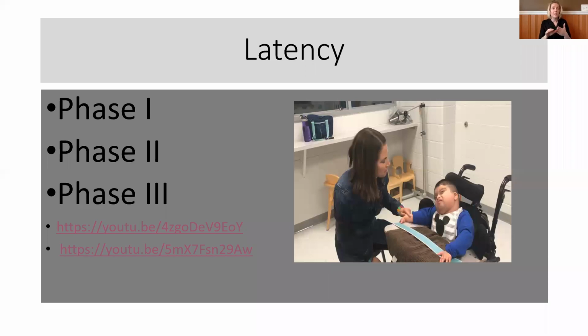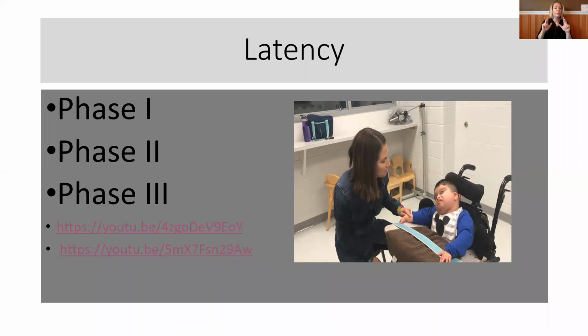So latency for our phase 2 students is variable depending on the task and the activity, how much they've used their vision, how familiar they are with the object, and how crazy that sensory environment is. Our students in phase 3 continue to have latency, but typically that latency is only seen in the most extreme circumstances. Again, in the cafeteria or a concert or at a basketball game.